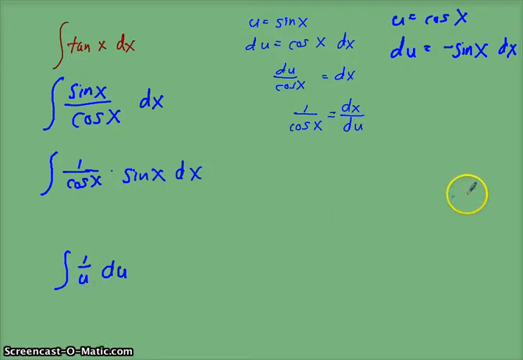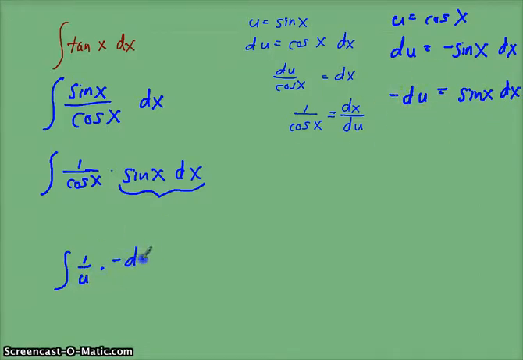Okay, no problem. I need to figure out how am I gonna make this look like this? I'm hoping that's pretty easy, right? It's divide by -1 or multiply by -1, and I have negative du equals sine x dx. All right, that makes my life pretty easy because here's sine x dx. Excellent. And I only have du's over here. All right, fantastic.